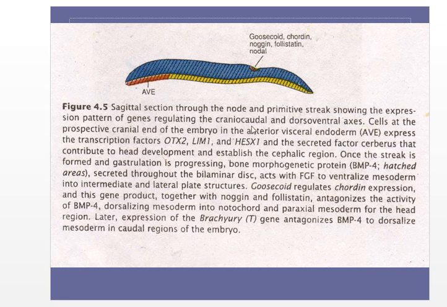Later, the brachyury or T gene is expressed, which antagonizes BMP4 to dorsalize mesoderm in the caudal region of the embryo.